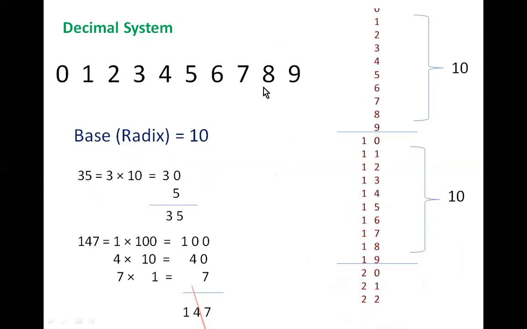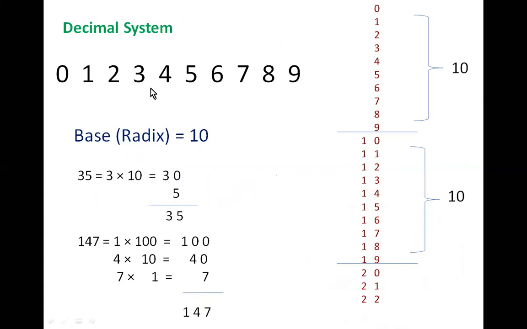Now let's see the decimal system. This is the system that we use, the decimal system. Right? And why is it called the decimal system? Because there are 10 different symbols that are used in the counting process.